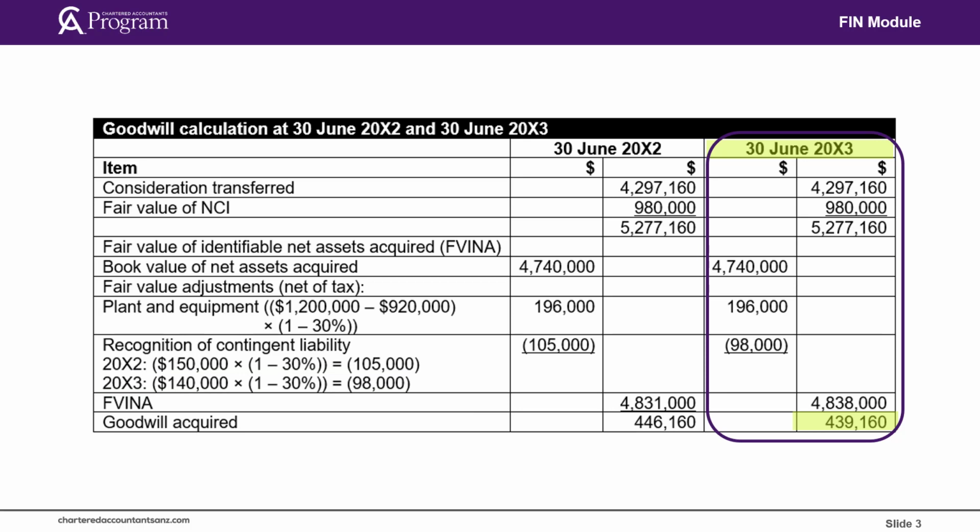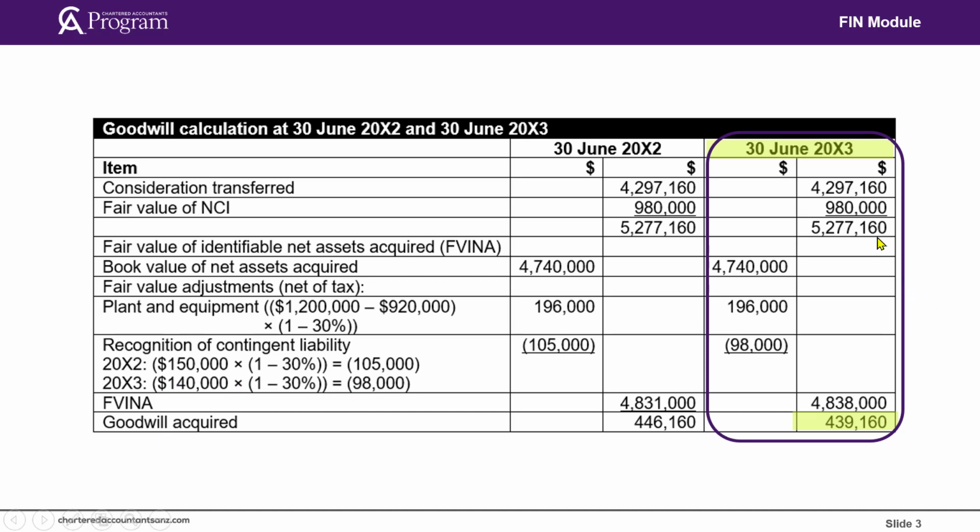Allowing for the measurement period adjustment, the fair value of the identifiable net assets is now $4,838,000. It might help you to think that the fair value of identifiable net assets is what TBS was really worth when Stark acquired its controlling interest.